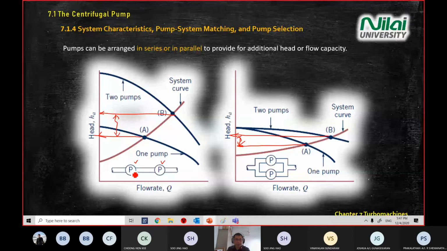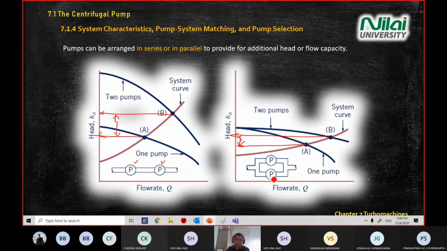If you have a two pump system, one you set in series, one you set in parallel. So series will give you more actual head in a pump, meaning you're able to push the liquid further with a series. And this one, we have parallel.